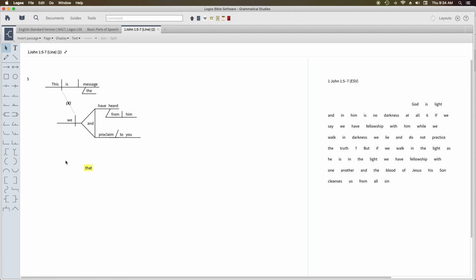Well, we need to find the pronoun's antecedent, and an antecedent is simply something that points back to it. And so the word message, this is the message, and let's take out all of this for a minute. This is the message, that God is light. So we know the word that is referring to the word message. So somehow we've got to make it point from message to that.